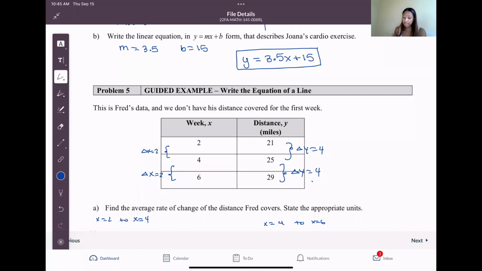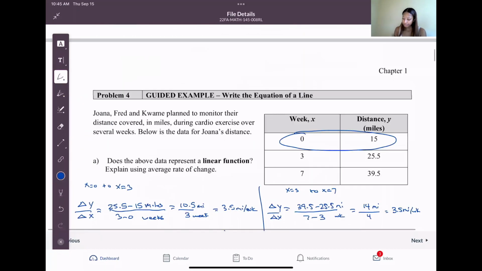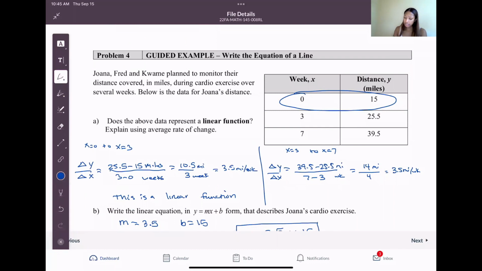And then for the distances, notice for Fred, his distances go up to 29, but Joanna's distances go up to about 40. So we're going to need to make our Y window much bigger than 10. We can let it go up to like 50 or 60 or 70, so we can see how many miles are covered over all of those weeks.